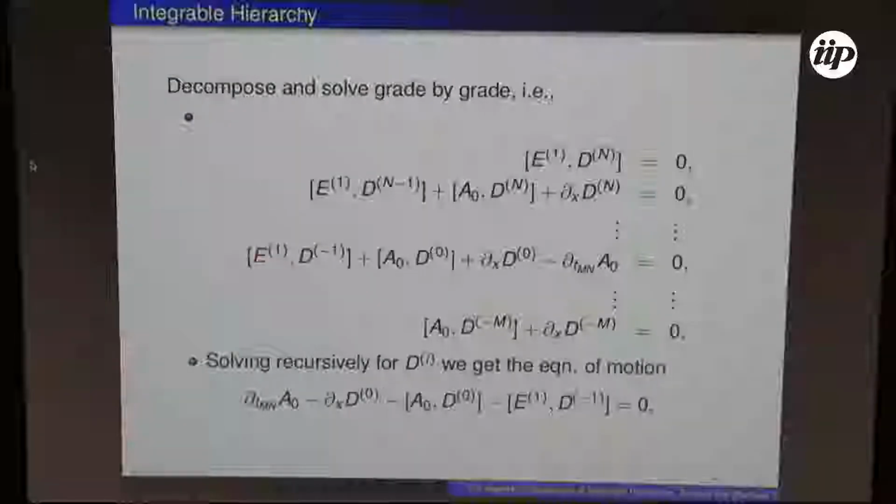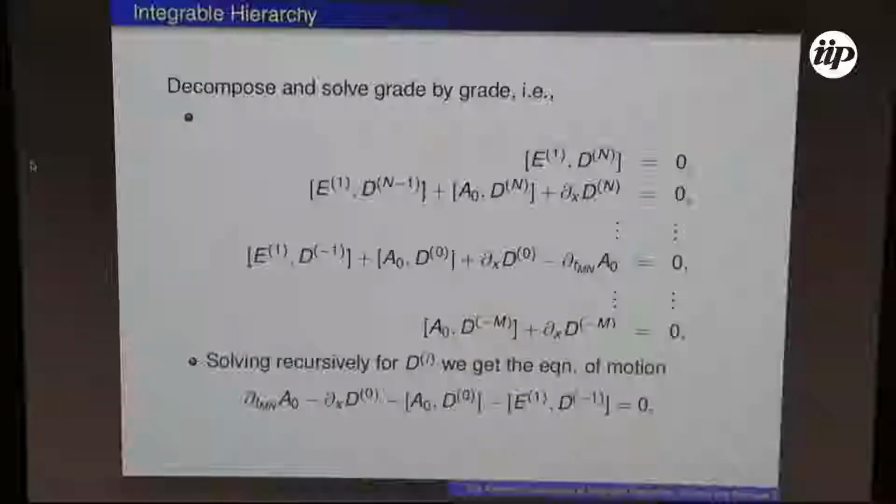So this equation of motion depends on m and n. That's why I have added this index on the t. So for each n and each m, you have an equation of motion. So the collection of all these equations of motion constitute what we call an integrable hierarchy.